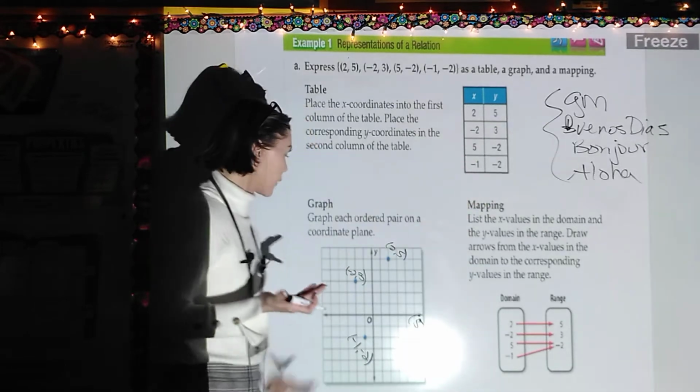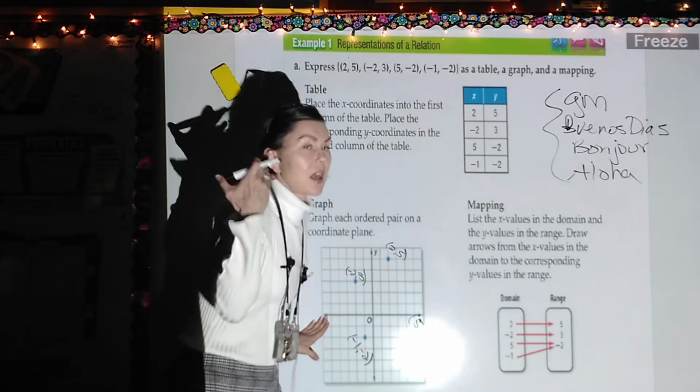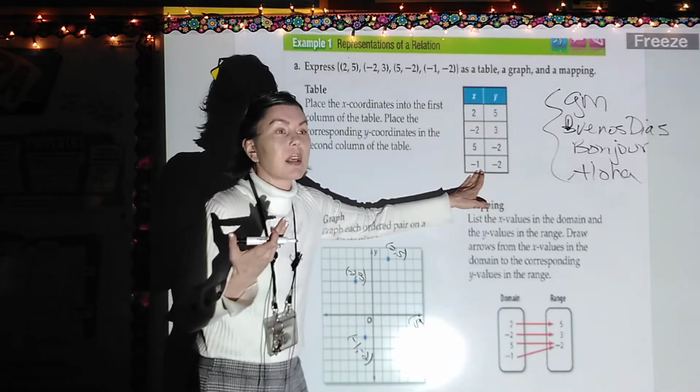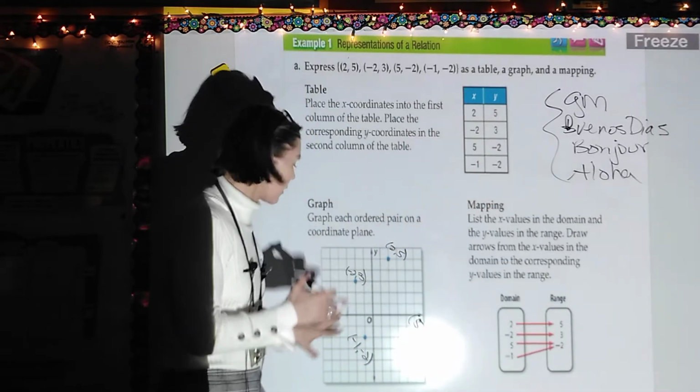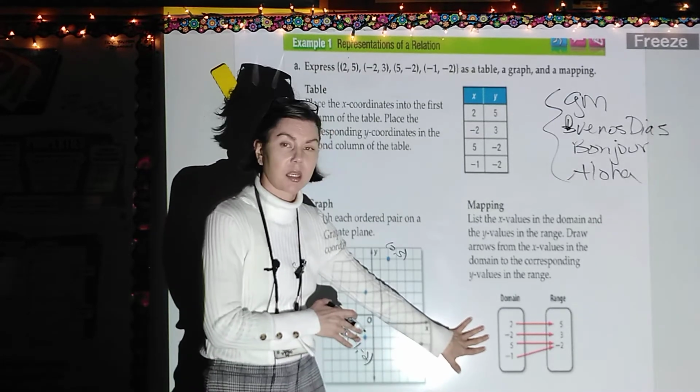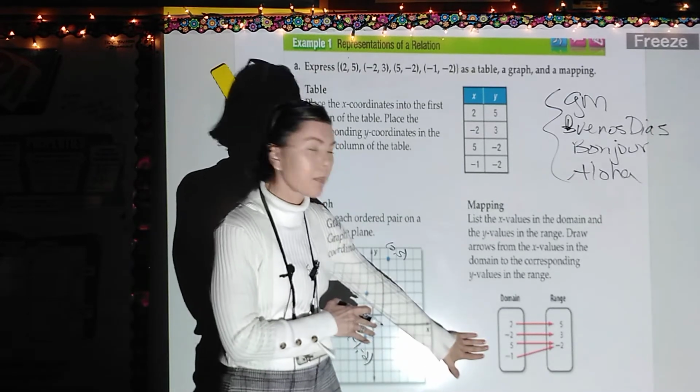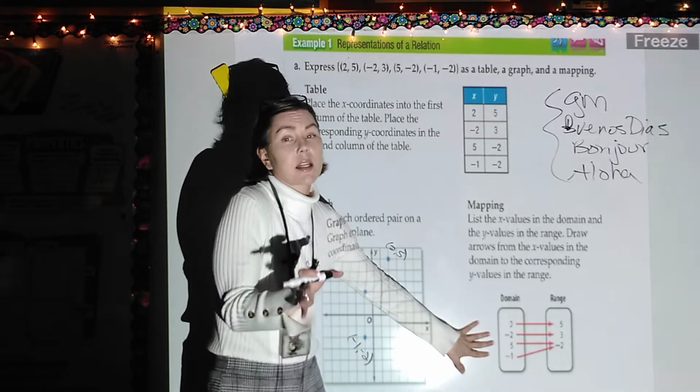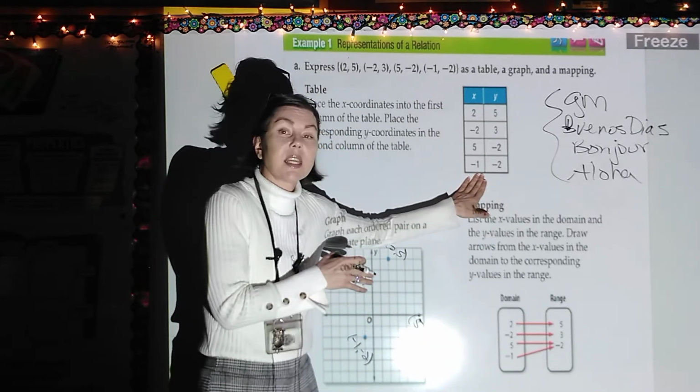And if you were to look at a graph, you wouldn't think that this information means exactly the same thing as the information on this graph. And when you look at this mapping, you wouldn't think it's telling you exactly the same information that you see in this table.